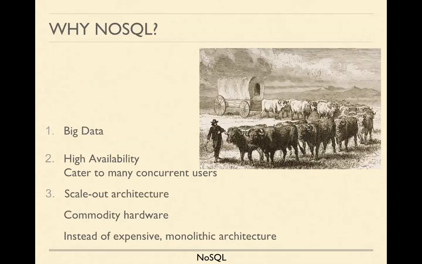The people across the globe are simultaneously updating and reading the data from a central database. How have they achieved it? They have achieved it using a scale out architecture in parallel. All right, so this is why we need NoSQL.